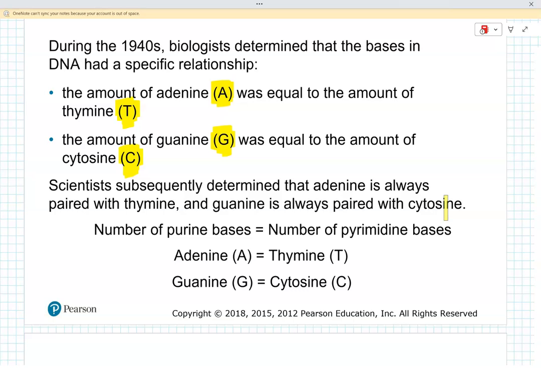Let's say you take human DNA, and I'm spitballing, okay? You take human DNA and you discover that it contains 23% of adenine and 23% of thymine, and 27% of guanine, 27% of cytosine. Do you follow my train of thought? Okay, I'm going to write it down.